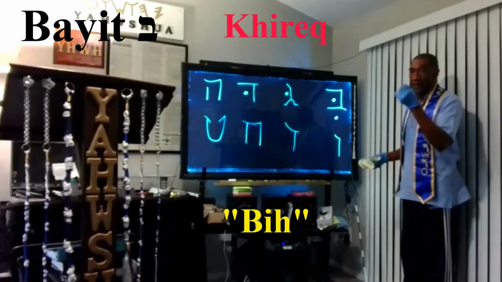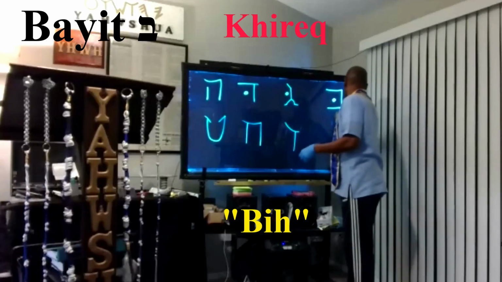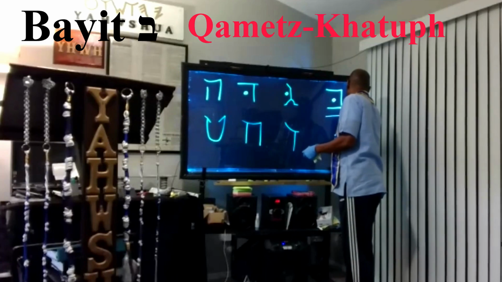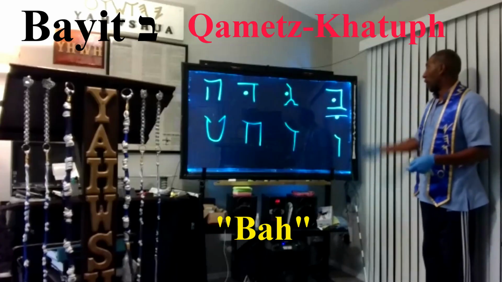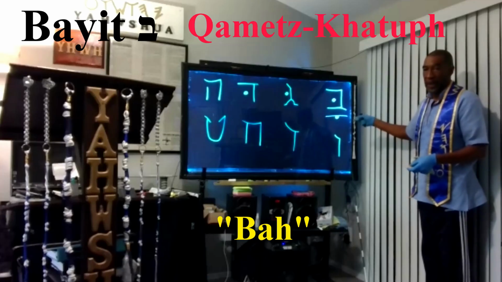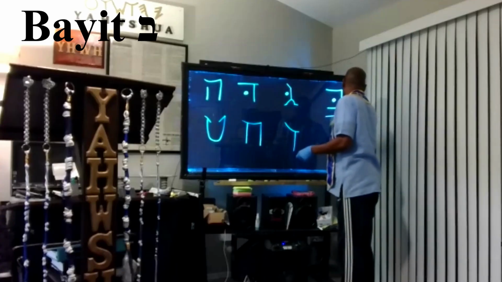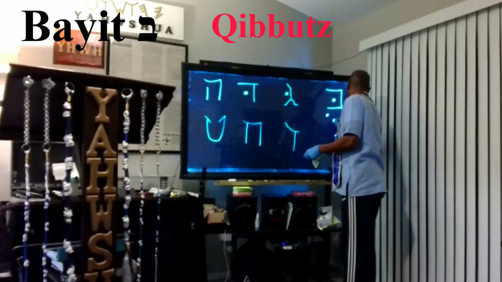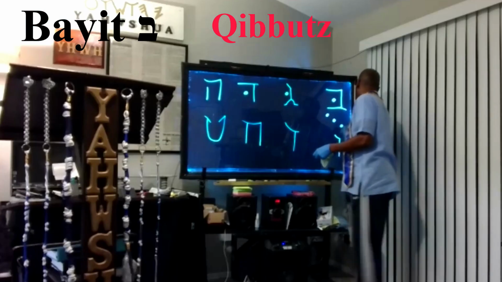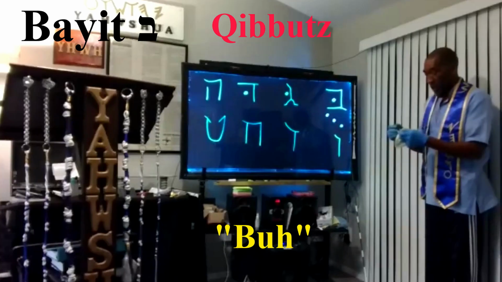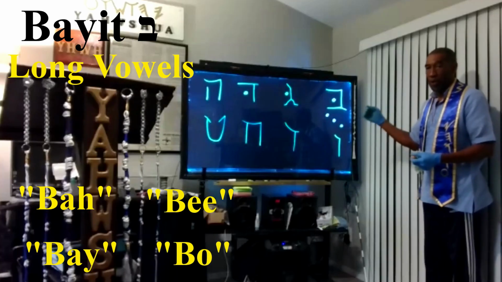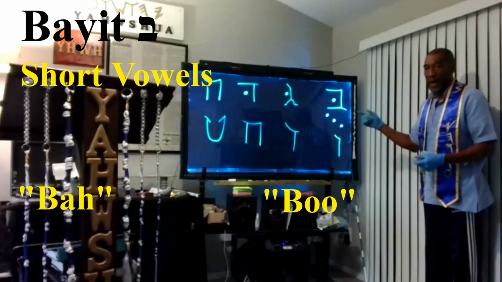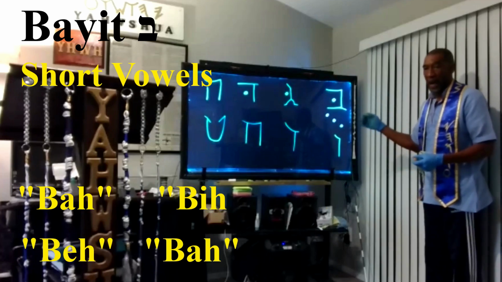So we got ba, be, bi. Kamets hatuf, ba. And then the kibbutz, bu. So long vowels again: ba, bay, bee, bo, boo. Short vowels: ba, be, bi, ba, bu.